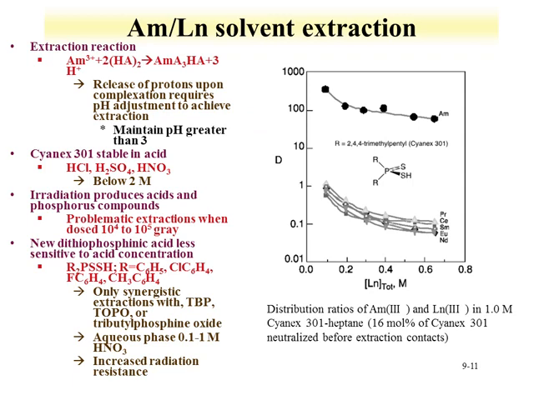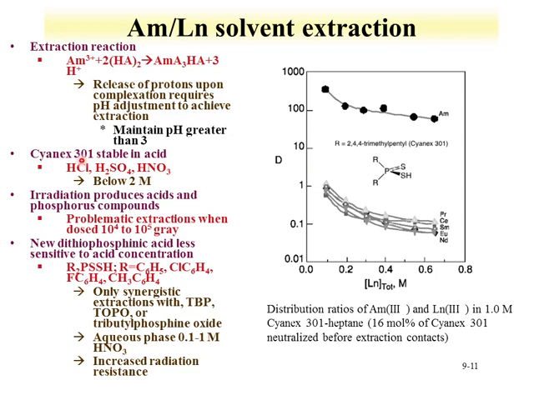Other separations have included separations of americium from the lanthanides with an extraction reaction. An example that's shown here is with Cyanex 301. This compound is shown here.